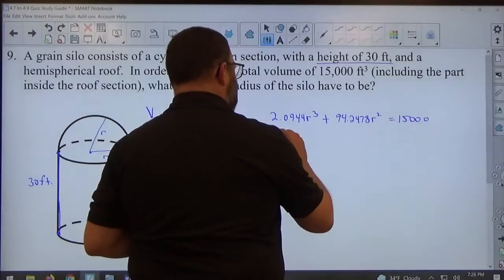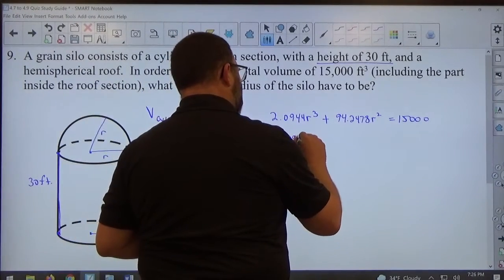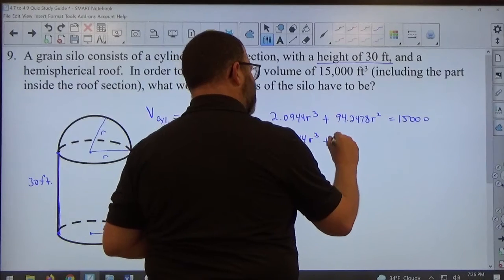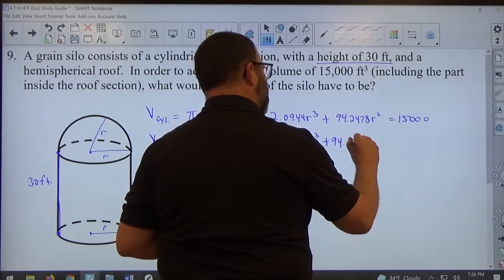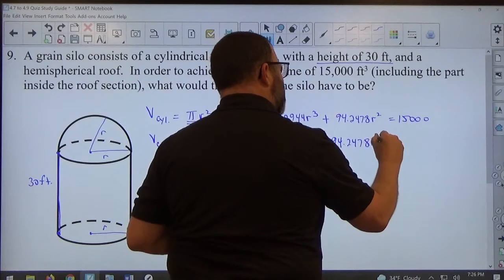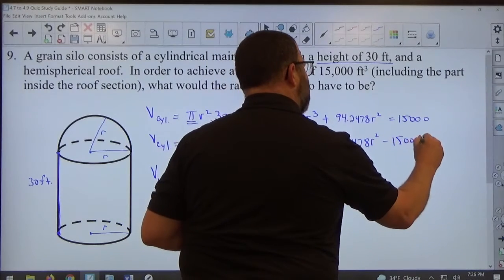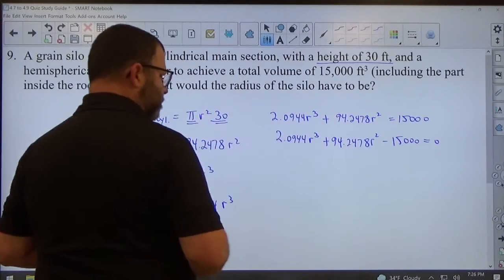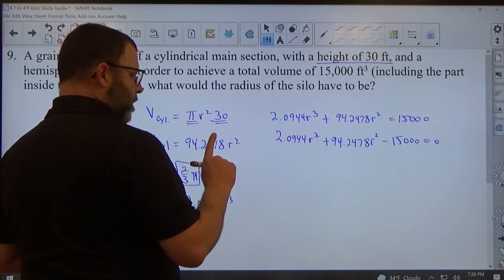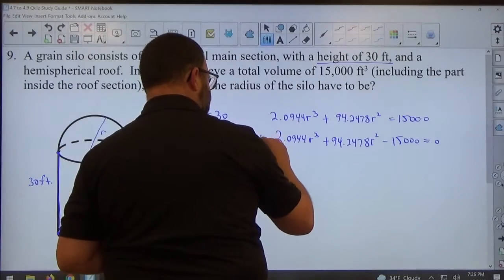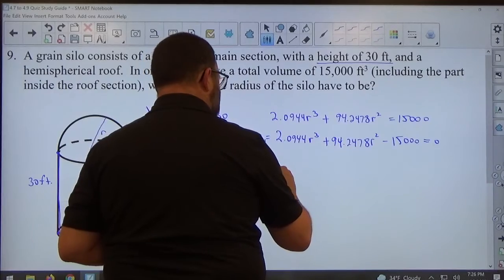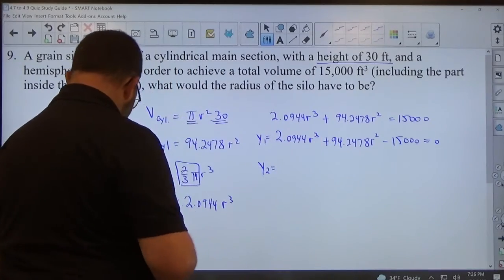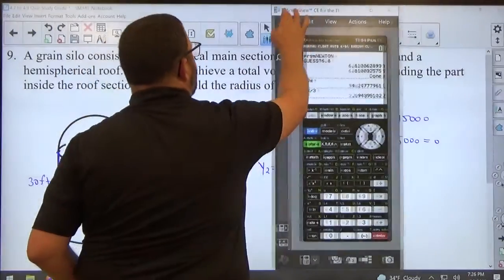So if 2.0944 r cubed plus 94.2478 r squared minus 15,000 is equal to 0, that's going to be y1. So y2 is going to be the derivative of that. It involves some decimal multiplication, so let's just speed this up by using a calculator.